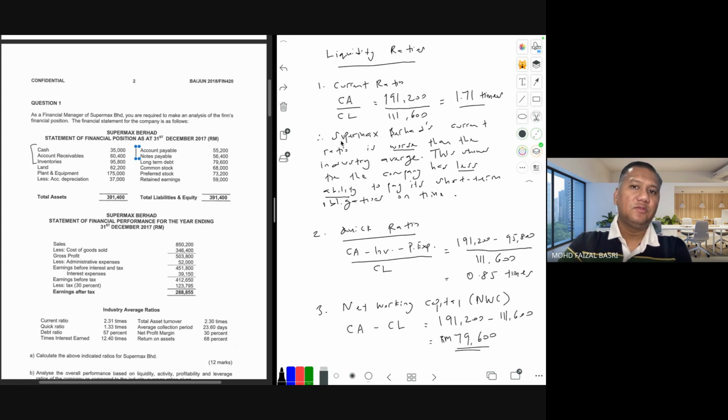So far, for the current ratio, quick ratio and net working capital, we only use the balance sheet. But bear in mind, some later ratios may use only the income statement, or a combination of the two. For liquidity, we only use the balance sheet, with current assets and current liabilities without any other information.